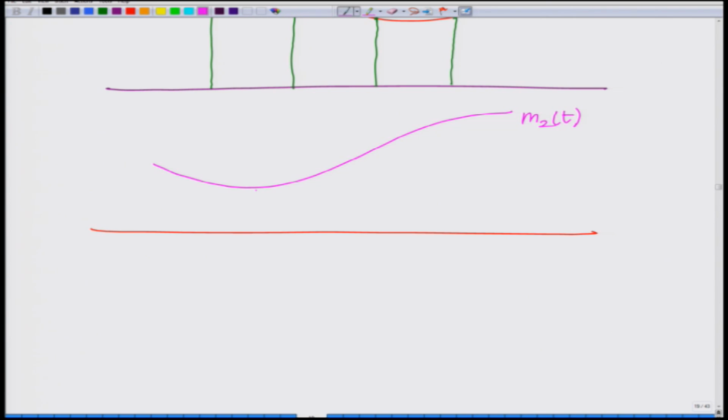Now, remember the sampling instants of M2T have to be between those of M1T, because we have a commutator which is sampling M1T followed by M2T and alternately repeating this procedure. So, these are the samples of M2T.